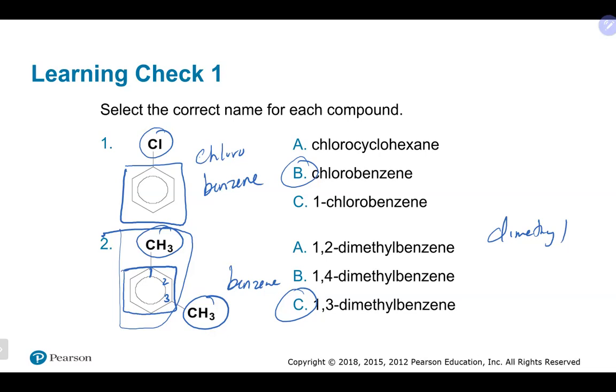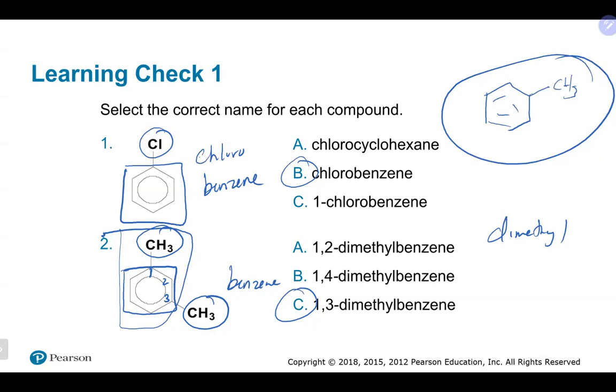If you do have a benzene ring, the methyl doesn't necessarily have to be at the top position, but if you just basically have a methyl somewhere in there, that's toluene, yes.